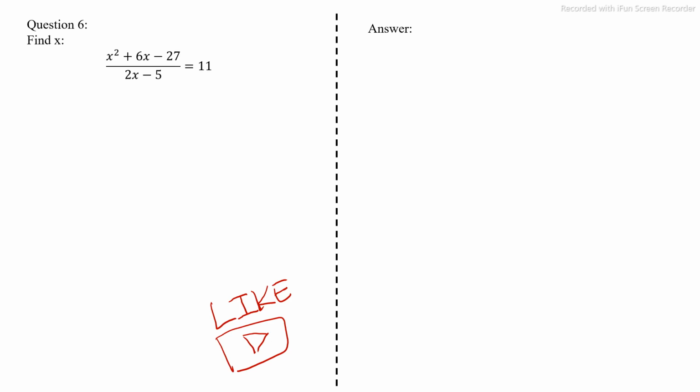Okay, so x squared plus 6x minus 27, divided by 2x minus 5, equals 11. We can do the same thing we did last time.